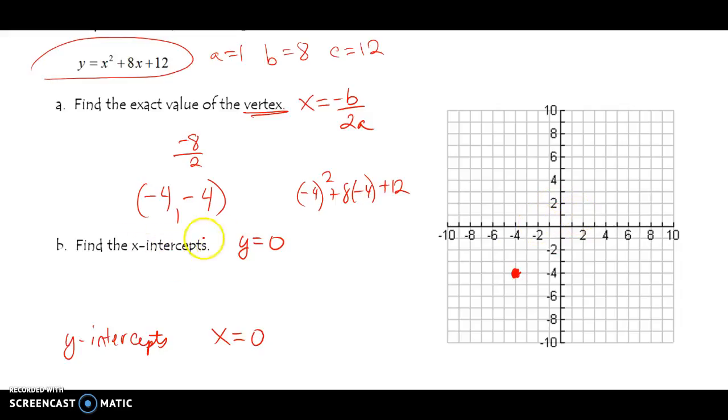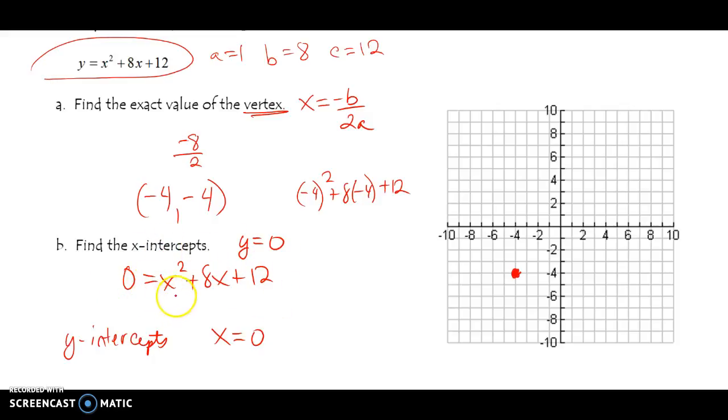All right, x-intercepts means that y is 0. So basically we're looking at this equation. We need to find x-intercepts by solving this equation, which is what we just did.